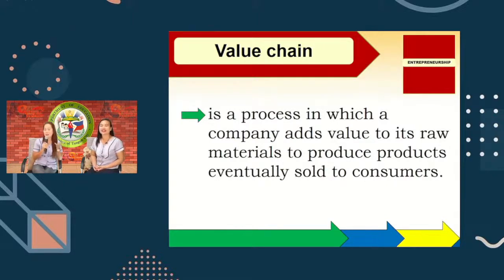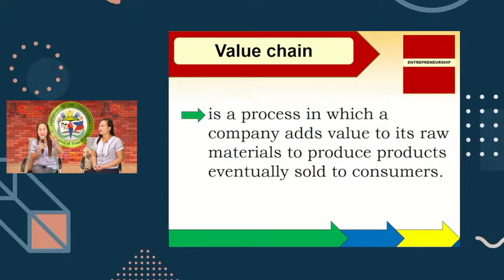So when we talk about the value chain, it increases the efficiency of the business so that customers can receive the product with the most value added at the lowest possible cost. So according to Michael A. Porter, who introduced the concept of the value chain, Porter splits a business's activities into two categories.